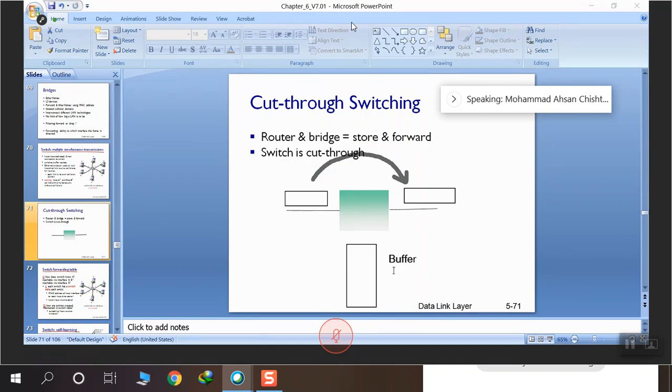Even though the switch is a cut through switch, it can pass it directly only in the case where the output link is free. If it's not free, it has to go into the buffer and then only from here it would be transmitted onto the output link.